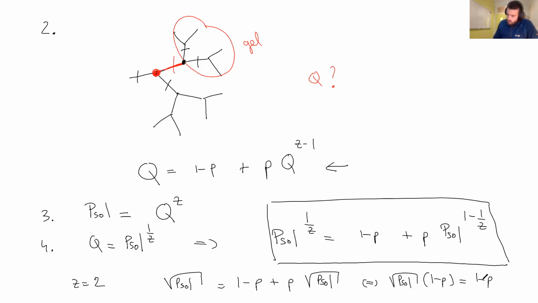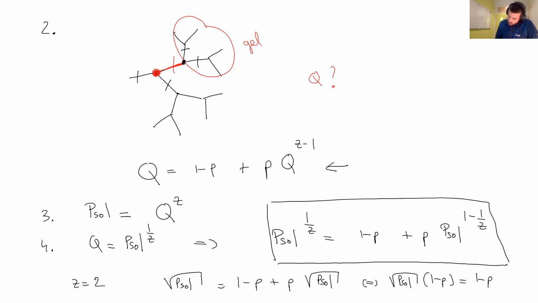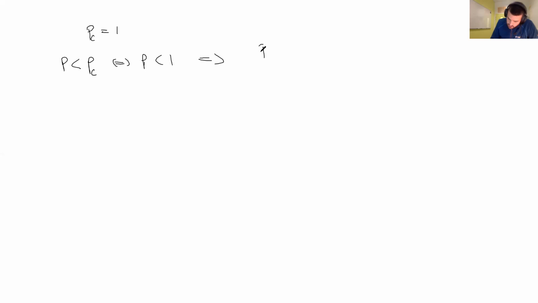Either P is smaller than PC, remember PC here is equal to 1, so P strictly inferior to PC is equivalent to P strictly inferior to 1. And thus in that situation, I can divide by 1 minus P on the two sides, and P sol is equal to 1.